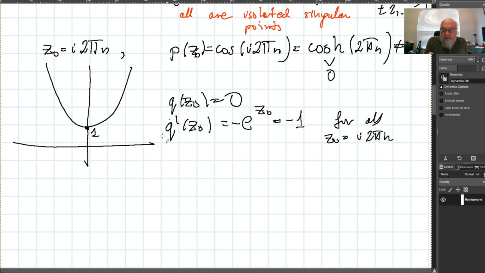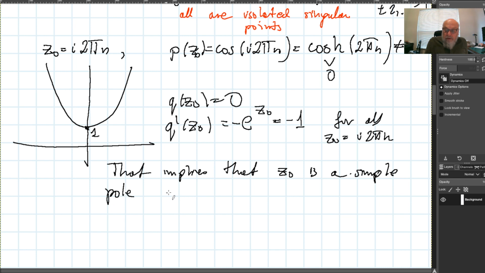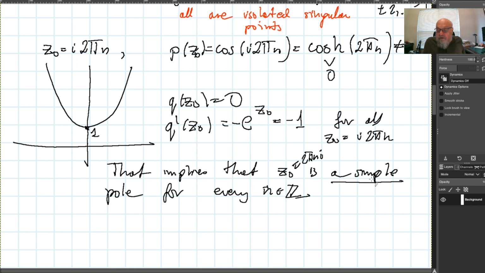So we are getting here, that implies that this point z0 is a simple pole, for every z0 equals 2 pi n i for every n belonging to Z. So this is a simple pole.